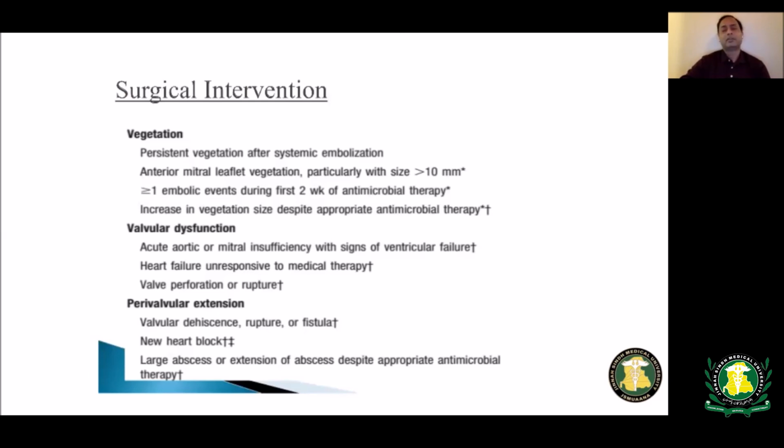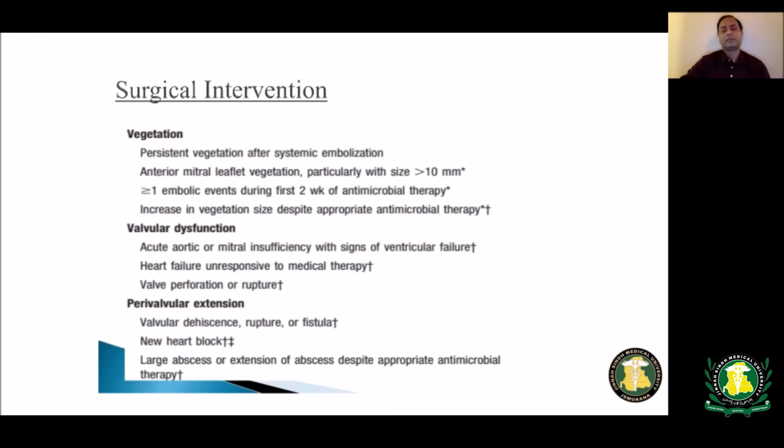Or if the patient has vegetation above 15 millimeters, they have a high risk of developing embolic stroke, or it can throw emboli into the lungs if they have a right-sided endocarditis. So those patients will require surgery.